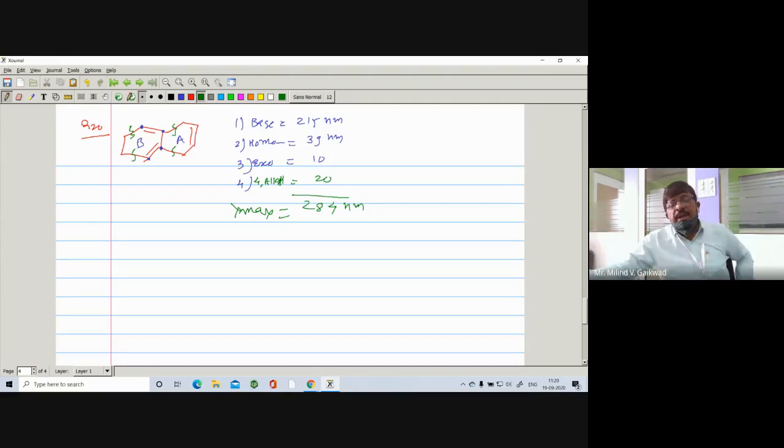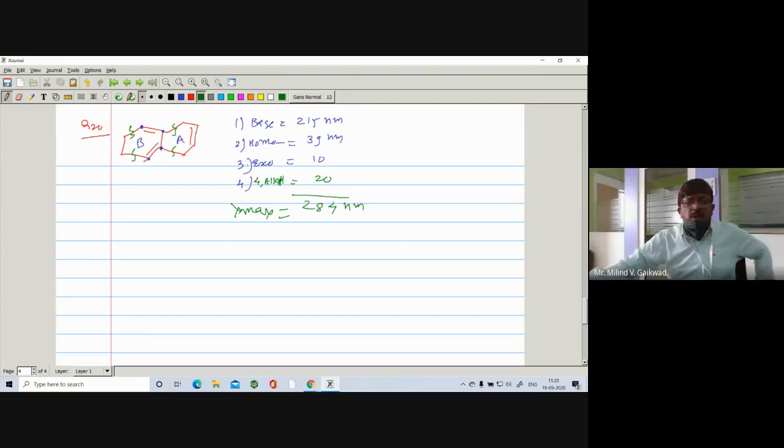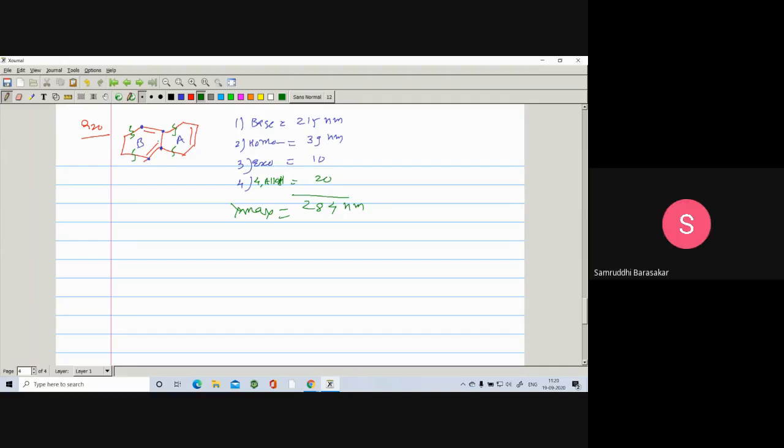So you have to calculate and write it. Sometimes they may ask such a type of question. Sir, the dots that they have given, are those not substituents? Which dot? The two dots given at 20?